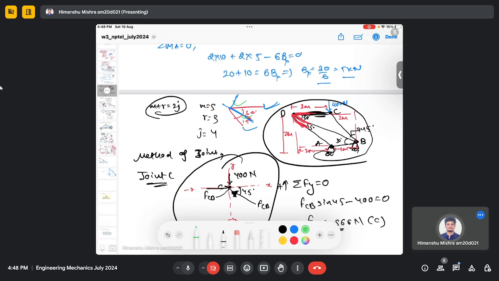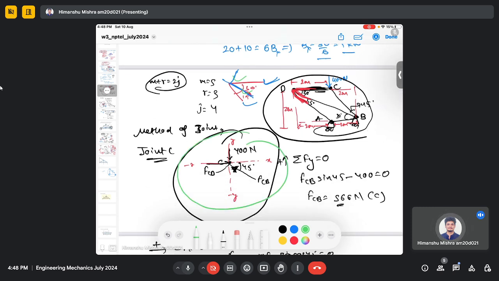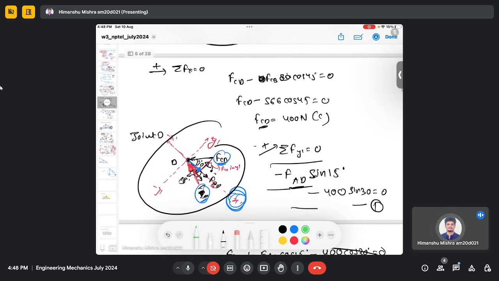You can define an inclined coordinate system, and then take the components of force of these members along the coordinate axes, and do the regular mathematical exercise. Just by using a different coordinate system, you can simplify the mathematical analysis so much. Otherwise, if you use the regular coordinate system, you can, but the mathematical complication will be there. It will be a little bit difficult, or the algebra will be more involved. So you can use this trick to find the force when you are using the method of joints.